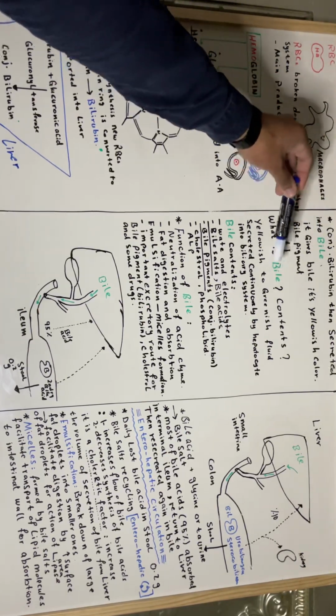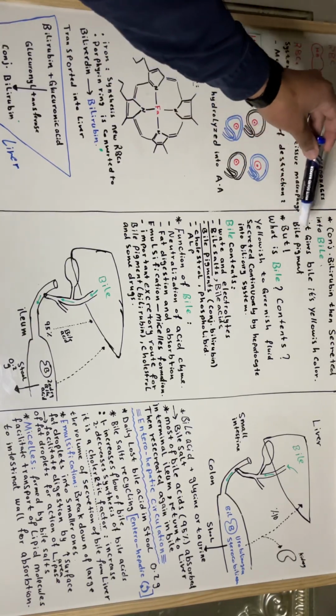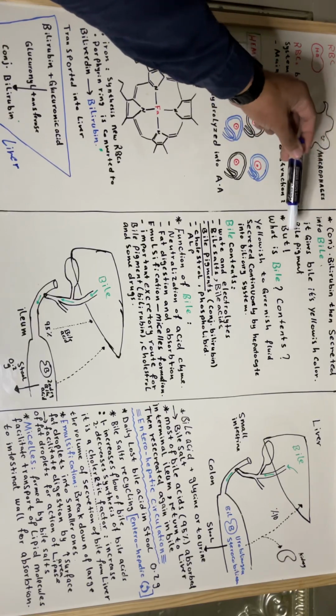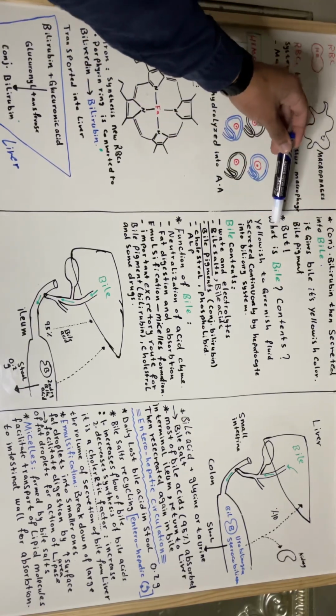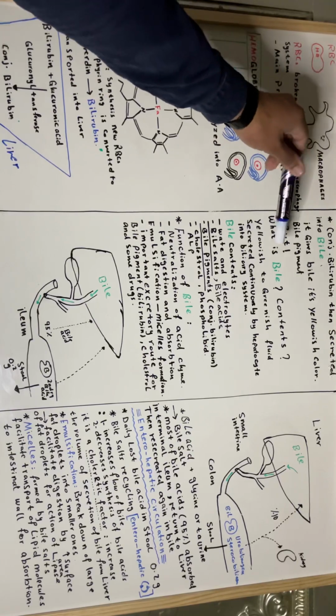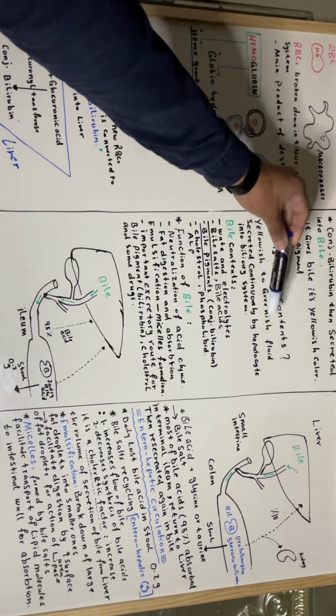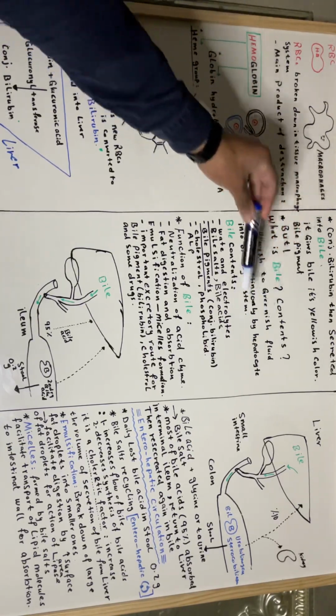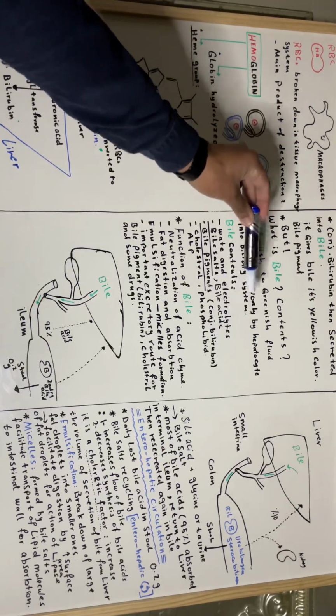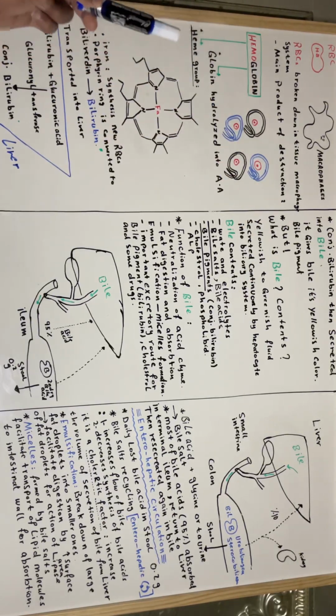But what is bile? The bile that contains this conjugated bilirubin, what is it? And what are the other contents of this bile? The bile is a yellowish to greenish fluid secreted continuously by hepatocytes into the biliary system.